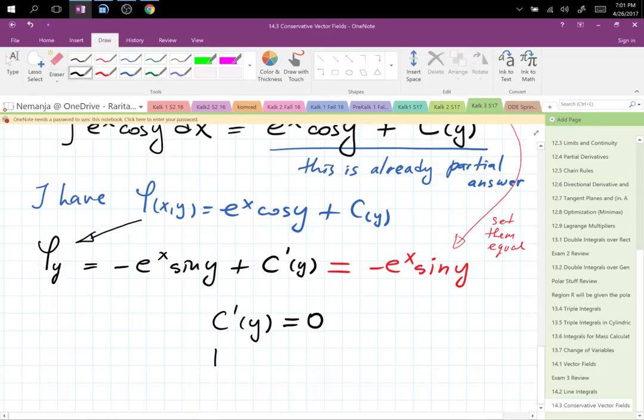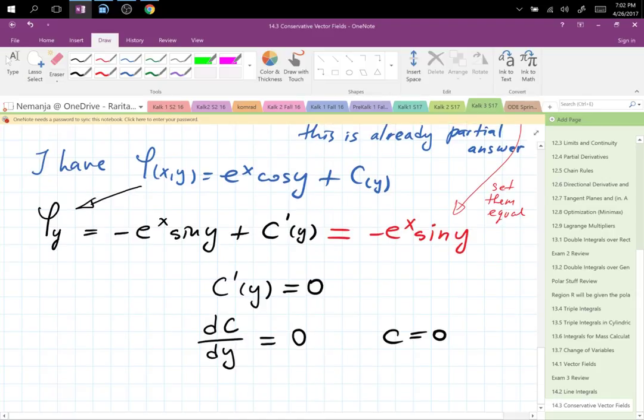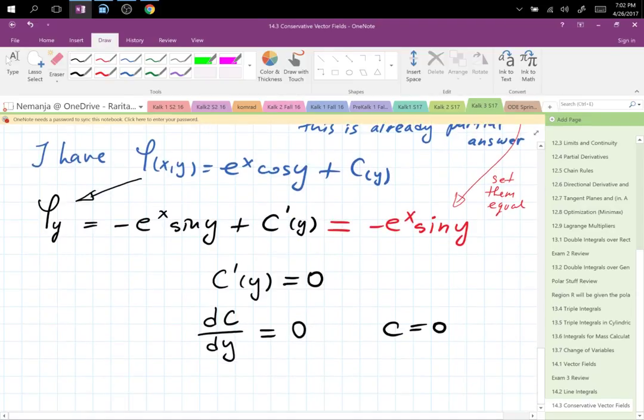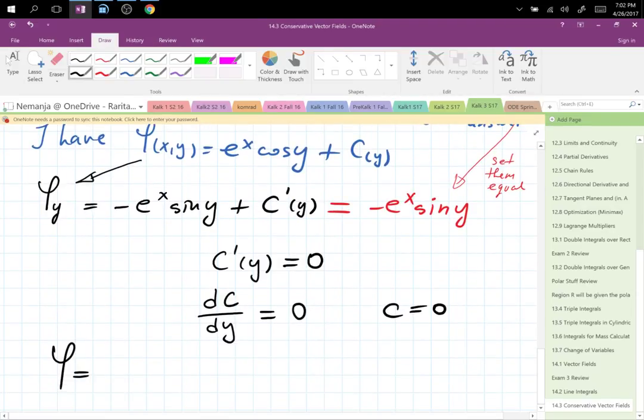Well, this is your function, dc/dy equal to 0. Right? So you integrate, separation of variables, integrate both sides, and you get c is equal to 0. Well, this one was easy. So now you go back to your partial answer, plug that 0 there, and you get that phi of xy is just e to the x cosine y.